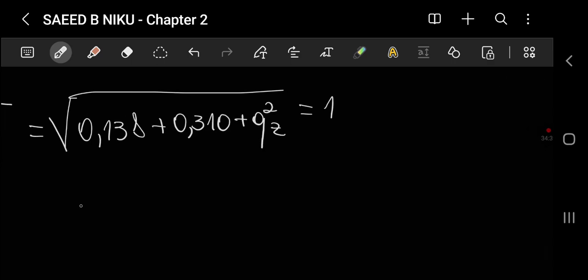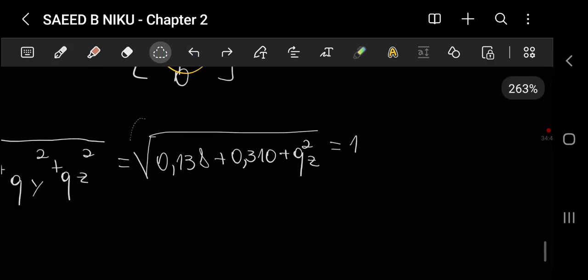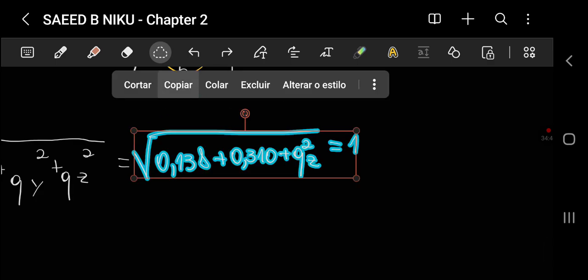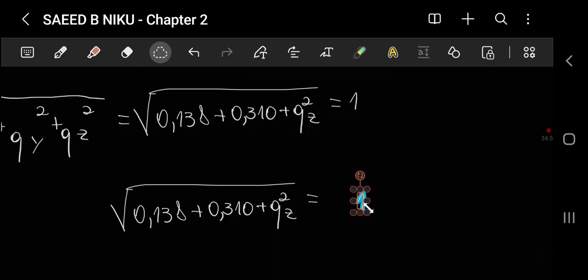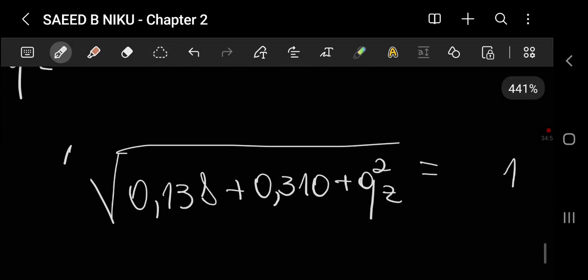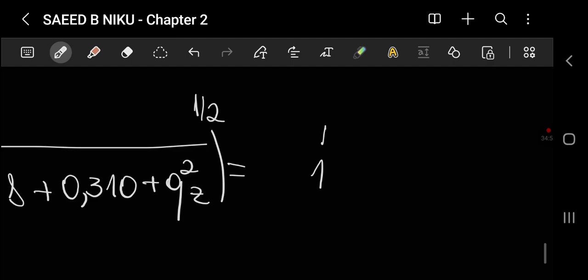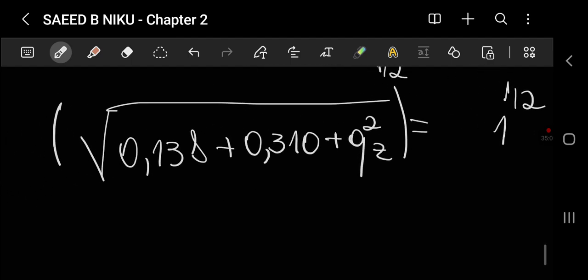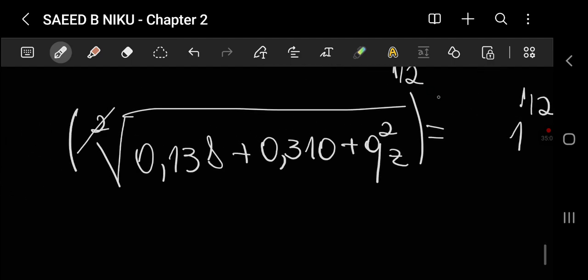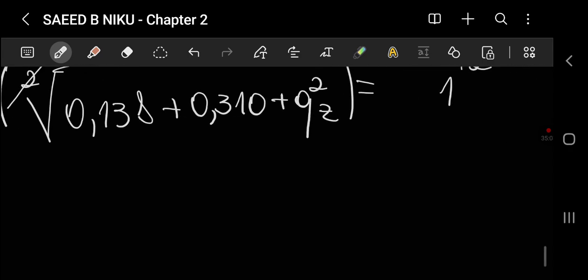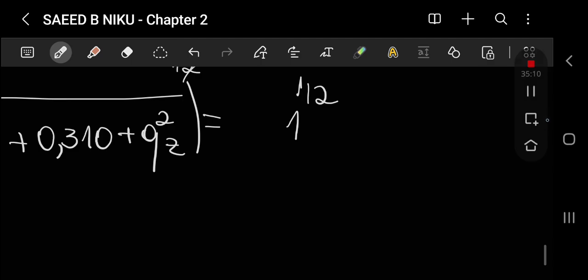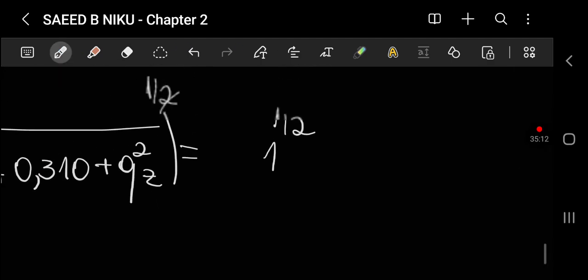Now, extracting the square root on both sides of the equation, we eliminate the square root on this side.